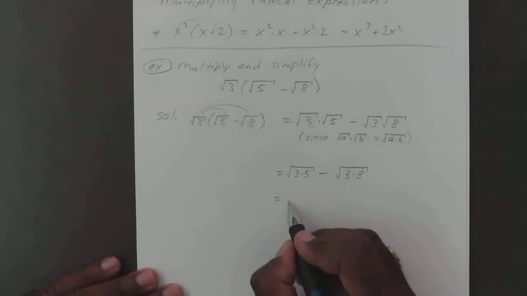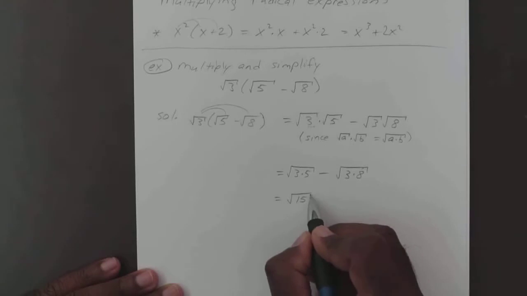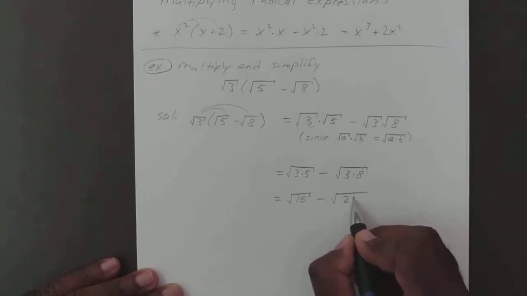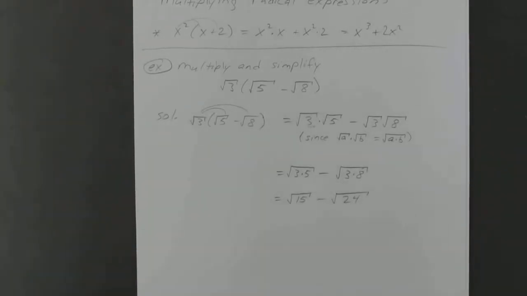Here we have square root of 15 minus the square root of 24. You're like 95% done.